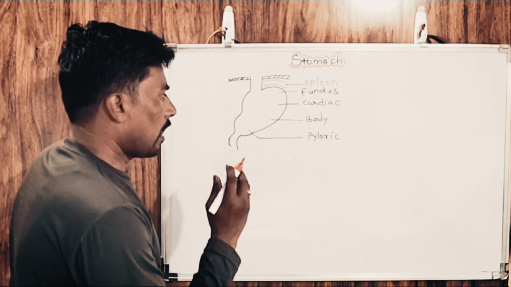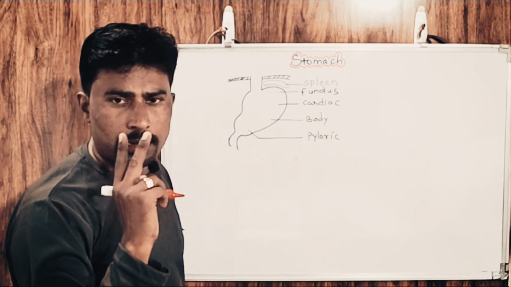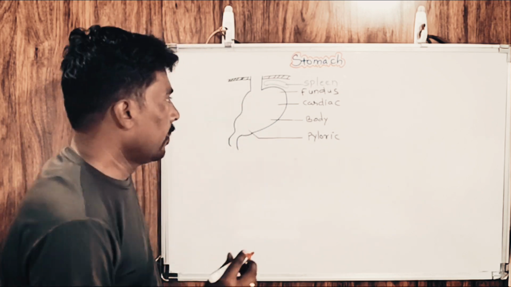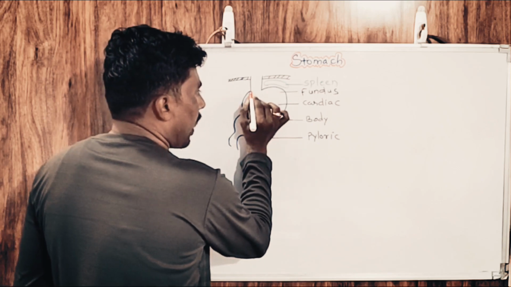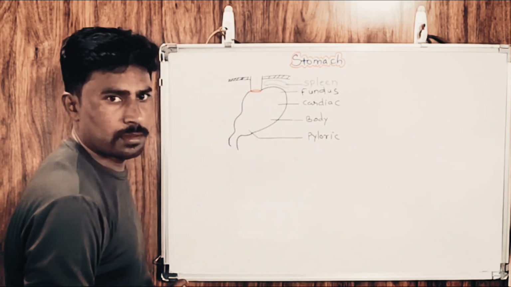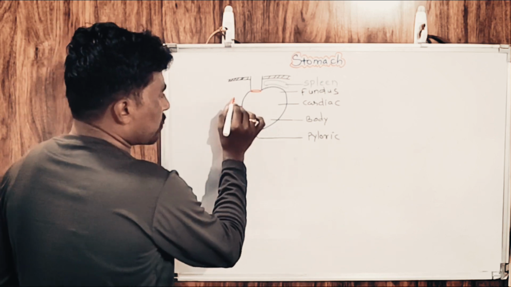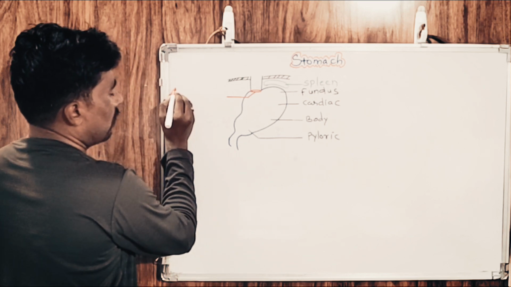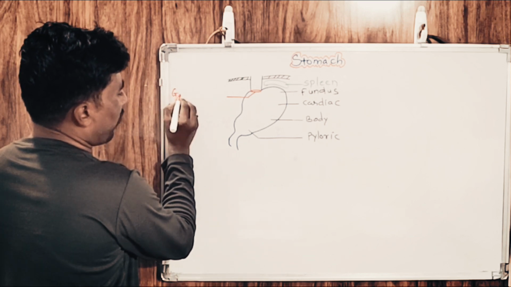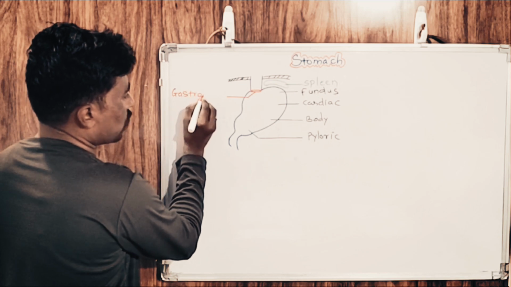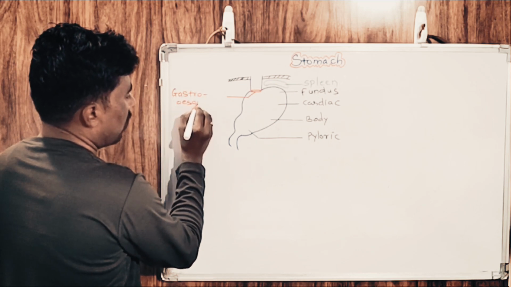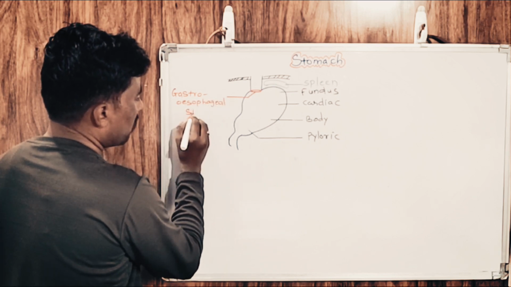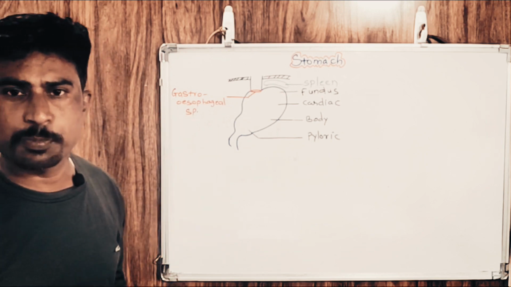Now listen, our stomach is guarded by two sphincters. The openings are guarded by two sphincters. One sphincter is there at the opening of the esophagus. This sphincter, friends, is known as the gastroesophageal sphincter.